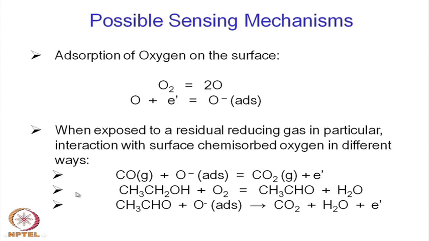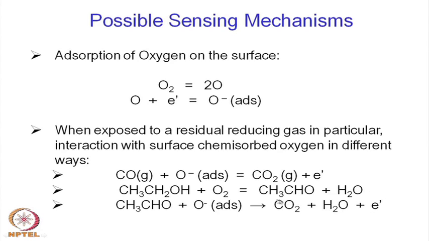Similar thing happens if there are some alcohols. It reacts with the adsorbed oxygen ions, and it changes to CO2 and H2O, and once again an additional electron is generated.